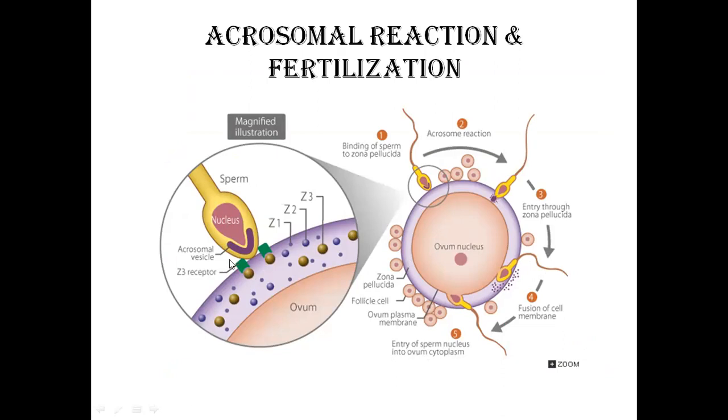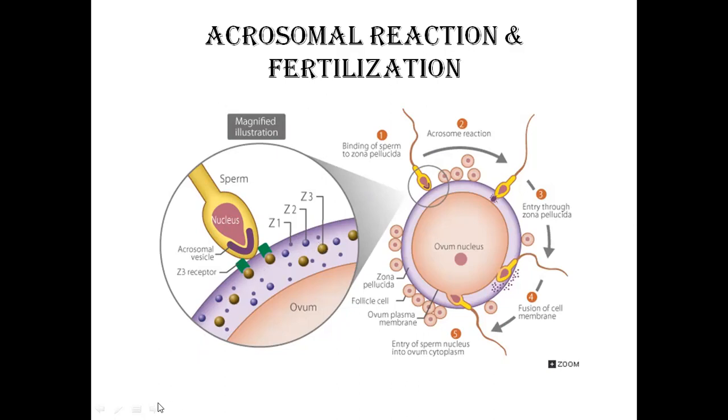perivitelline space. So in zona pellucida, we have three types of ZP receptors. These are ZP1, ZP2, and ZP3. And mostly ZP3 or sometimes ZP2 are involved in adhesion of the sperm to the zona pellucida.